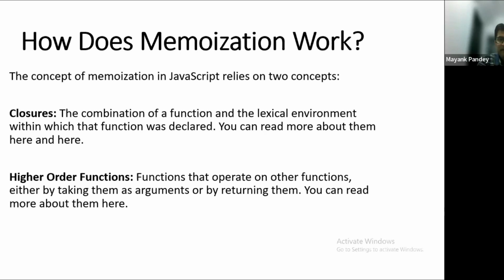A simple definition: a function bundled together with its lexical scope is known as a closure. The other way is higher order functions. Functions that operate on other functions, either by taking them as arguments or by returning them, are known as higher order functions. So these are the two ways to maintain memoization or caching at the client side.